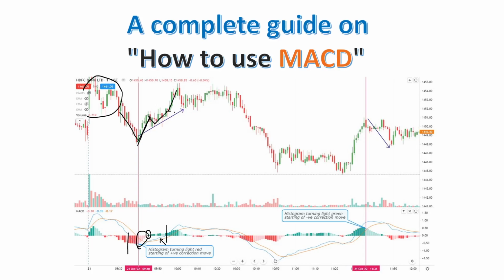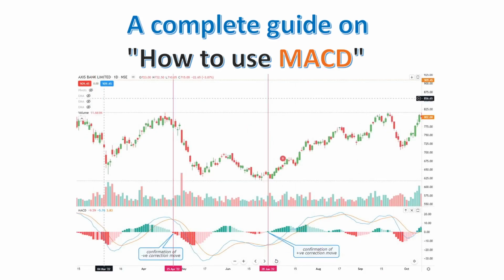Or we can even say sometimes what happens is that the trend, rather than completely reversing, will get into consolidation, and that is what has happened over here. So though we see the trend has changed into positive, more or less it started getting into a consolidation. So it's not necessary that every time we'll see a direct reversal. Most of the time we can also see before a trend change there is some kind of a correction or consolidation.